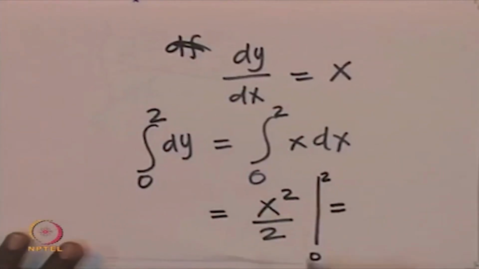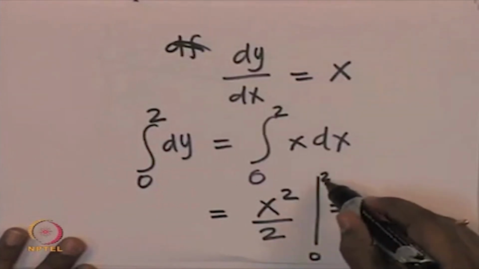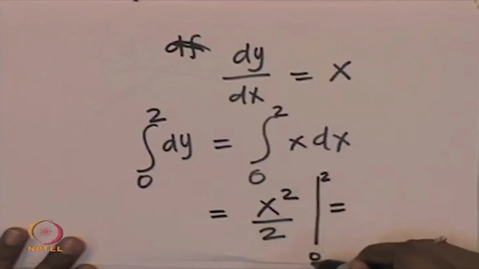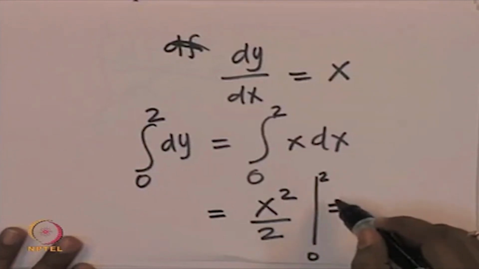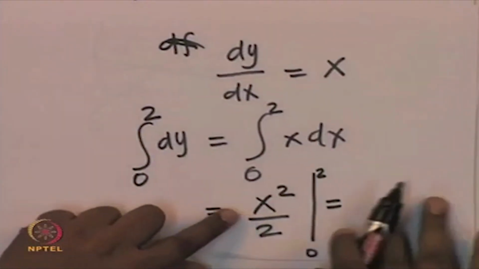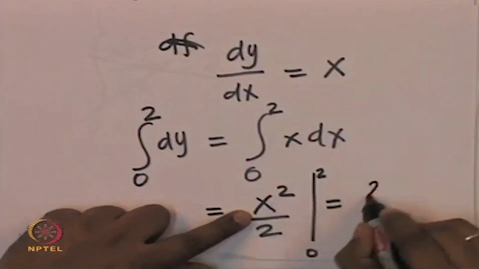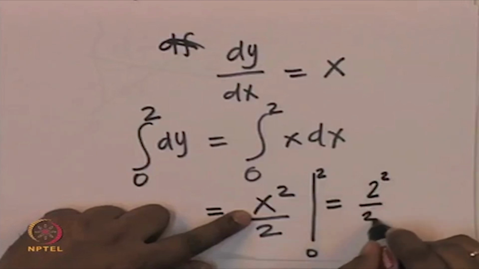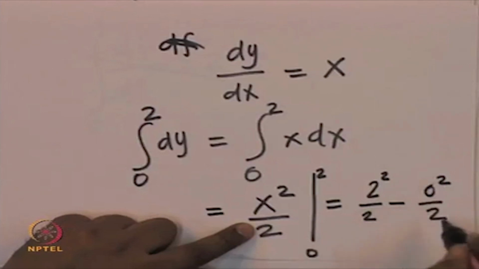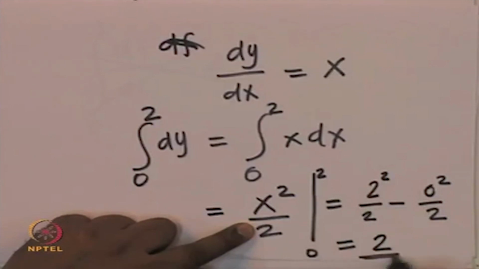This vertical line with 0 and 2 means evaluate x square by 2 at 2 first, and then subtract. So, it is 2 square by 2 minus 0 square by 2. 2 square is 4, 4 by 2 is 2, so the answer is 2.